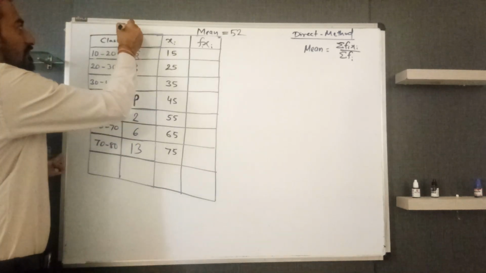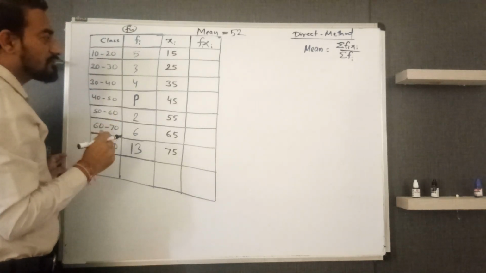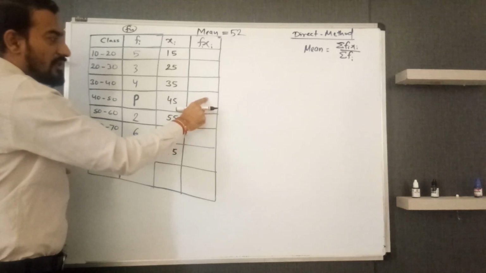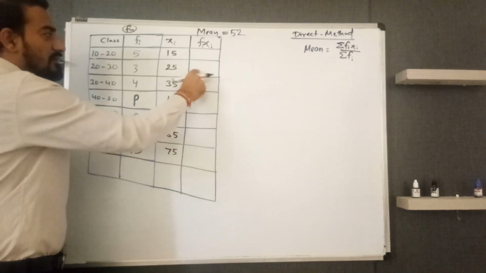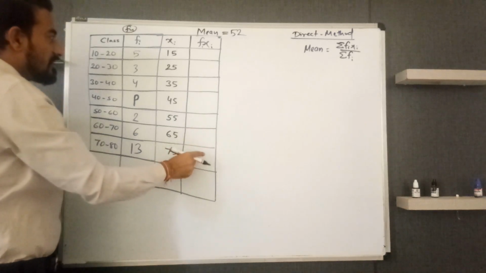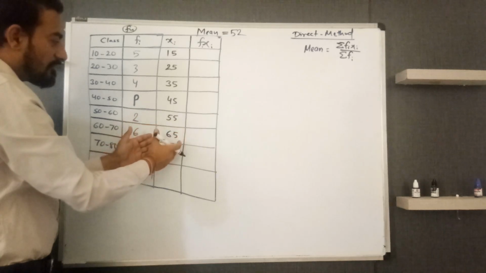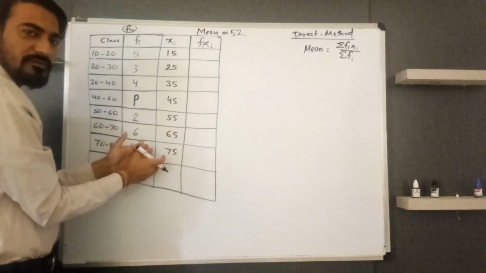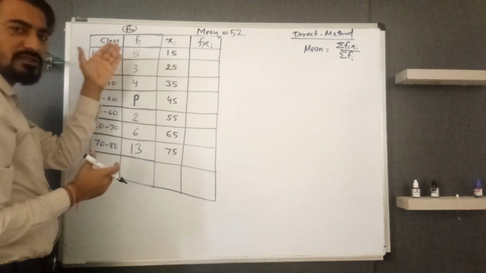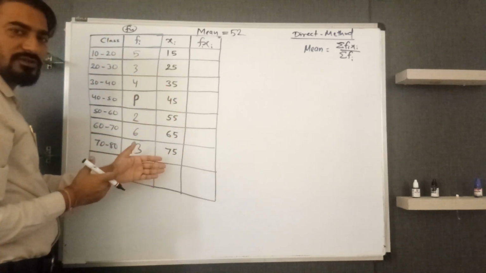And what are the values of u? For the assumed mean, you will have 0. Its previous values are -1, -2, -3. Here 1, 2, 3. Means instead of 15, 25, 35, 45, 55, 65 and 75, you will have 0, -1, -2, -3, -4 and positive 1, 2, 3, 4.